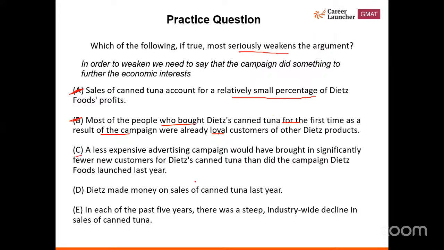Now, C part is what we call an out of scope answer choice, guys. Meaning, this is something which is absolutely irrelevant to the argument. A less expensive advertising campaign would have brought in fewer new customers. So how another campaign would have been even worse is going to have no impact on this campaign, and would not mean if this campaign is good or not.